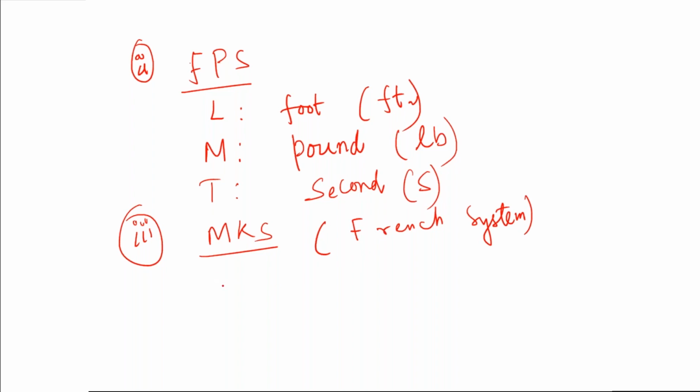So length in this system is meter, abbreviated as small m. Meter means you include all of them: kilometer, decimeter, centimeter, meter, millimeter. All the smaller and bigger units come here.